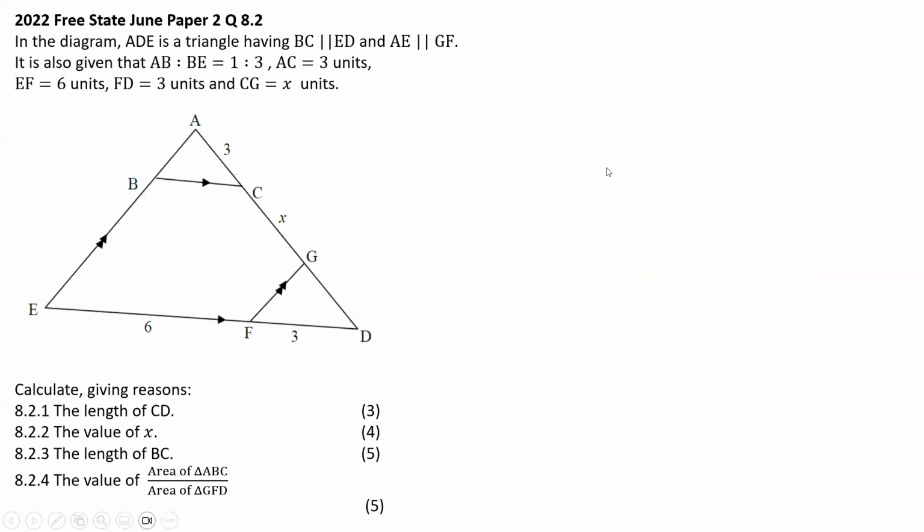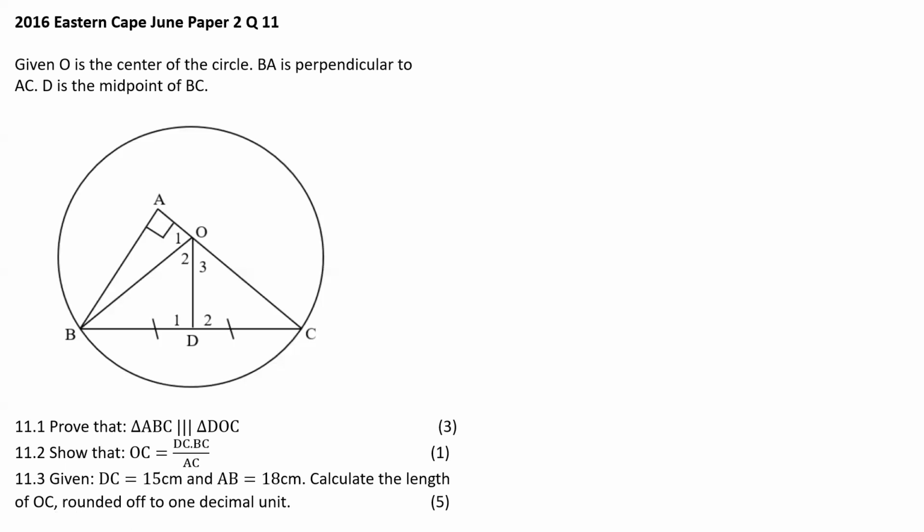All right, I'm on 2016 Eastern Cape, June paper 2, question number 11. Let's go. Given O is the center of the circle, BA is perpendicular to AC, and the point D is the midpoint of BC.